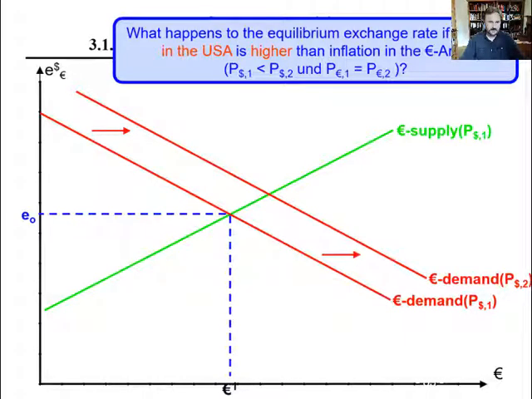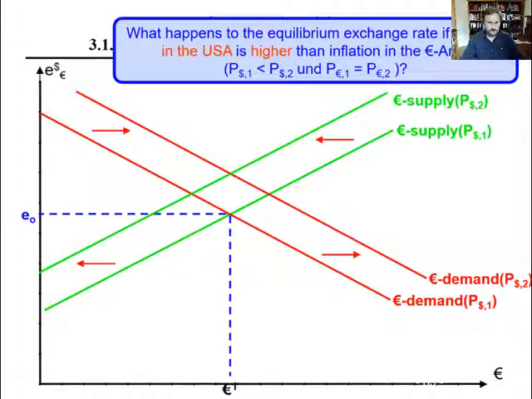Consequently, the euro supply curve shifts to the left. As a result, the euro appreciates against the dollar, since the new intersection point lies now on a higher level. The new equilibrium exchange rate will be this one.